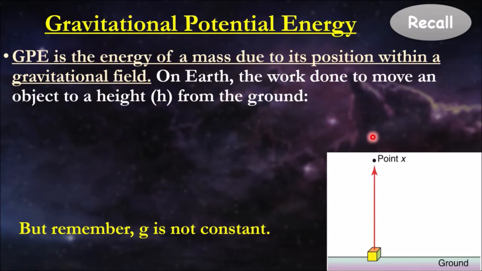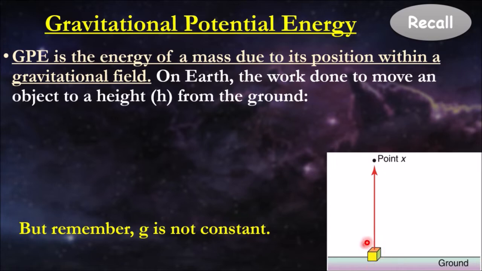Okay, before we talk about gravitational potential in space, let's firstly talk about gravitational potential on Earth. The way we measure it, we always say that gravitational potential is due to a positional change of the object, where gravity can apply work on it to make it move.